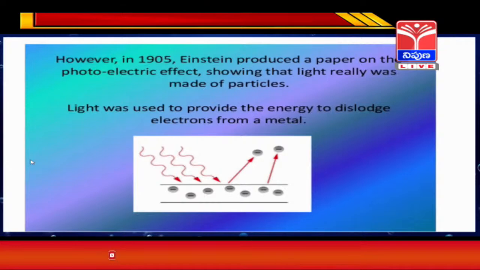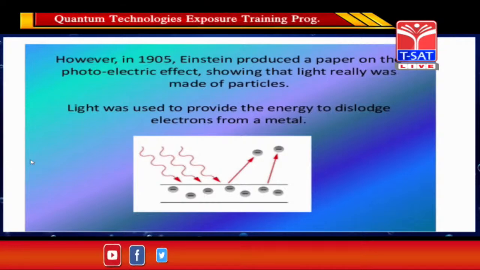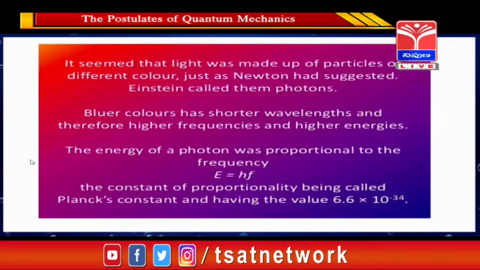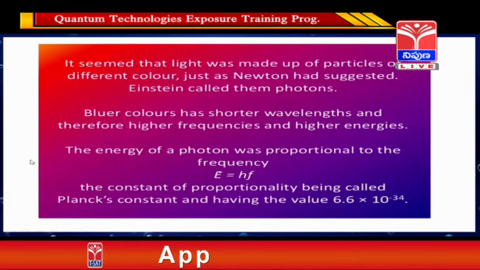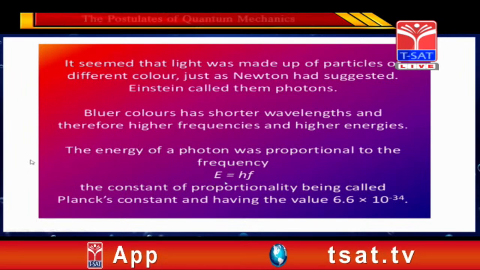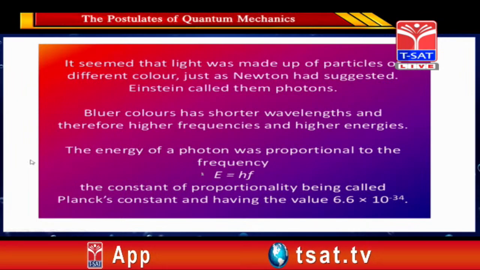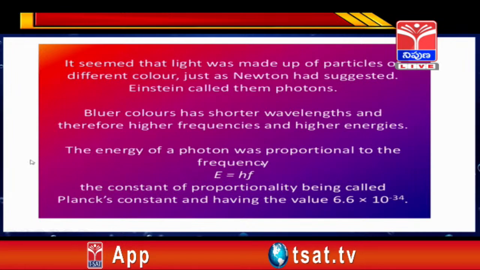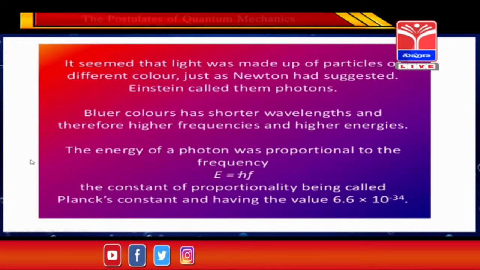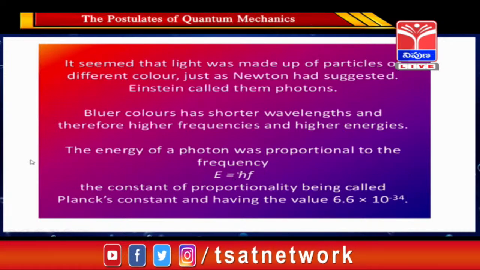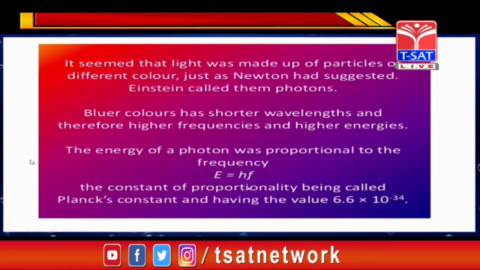So Einstein used a principle where energy is proportional to frequency. This is called Planck's law, and this constant h is called Planck's constant. It is one of the universal constants.